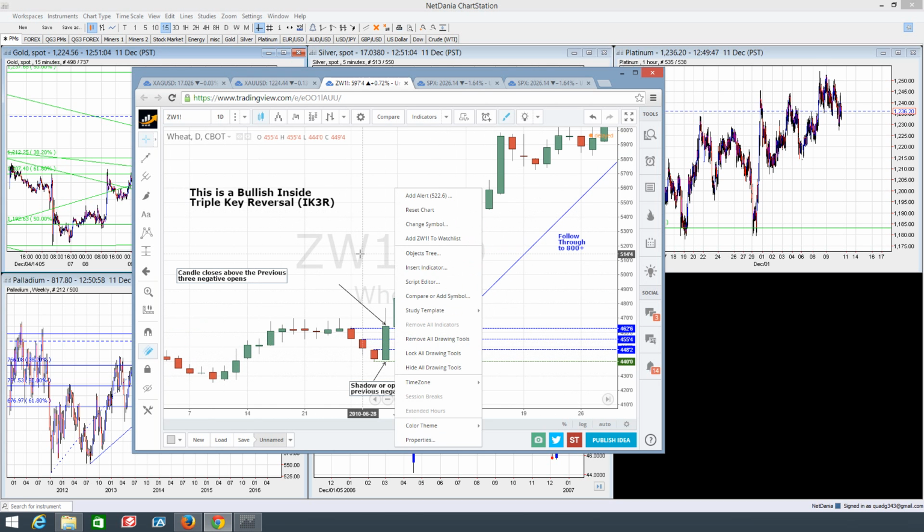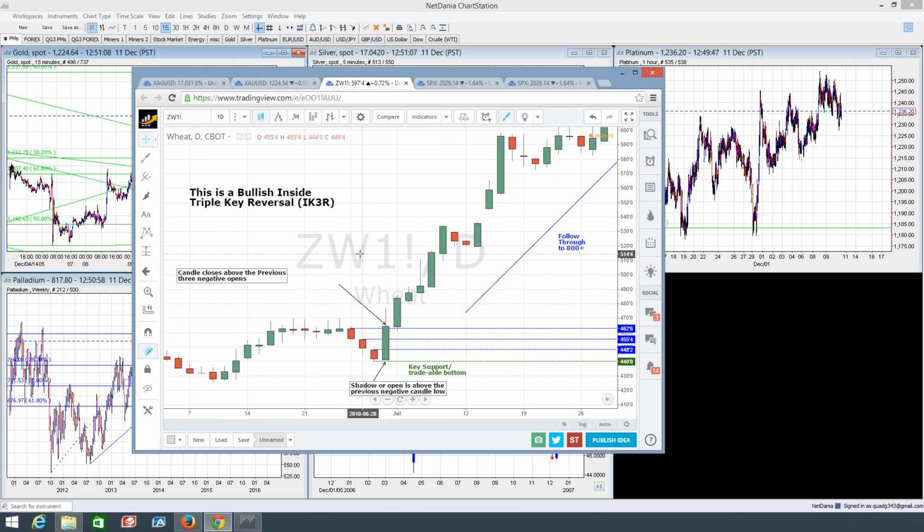So one of the other key differences between an inside key reversal and an outside key reversal is that an inside key reversal doesn't quite have the same momentum as an outside key reversal. So I typically ignore most inside key reversals, just a single reversal.